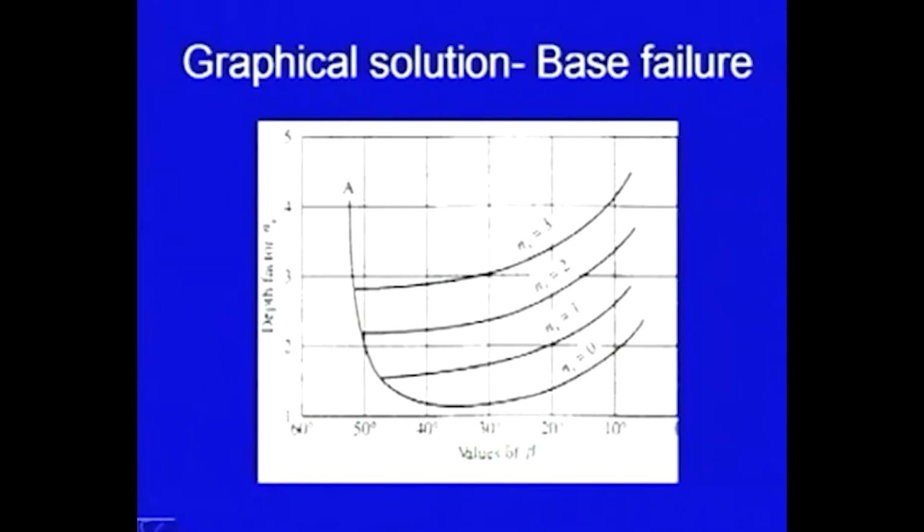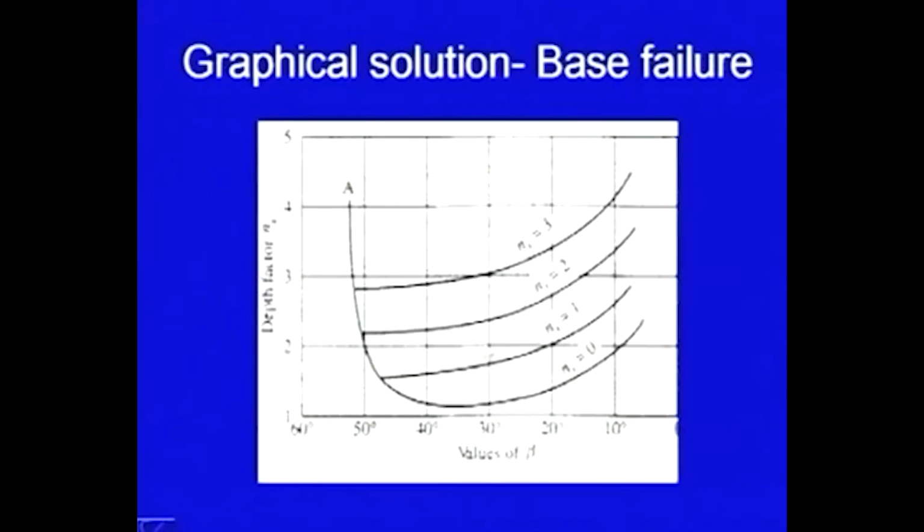These are the beta values here on the x axis, on the y axis these are Nd values, and these are the different curves for different Nx values. So, for any beta value, say for example 30 degree, and for any Nd value, say for example 2, here is the point.